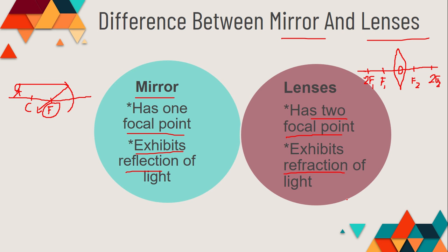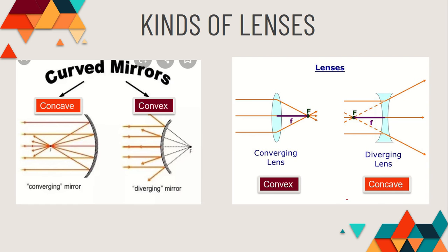Alright? And now, as you can see here, sa curved mirror and lenses, huwag kayong ma-confuse. Pag concave mirror, nagko-converge yung light. Nagtatagpo sila sa ating focal point or sa principal axis.